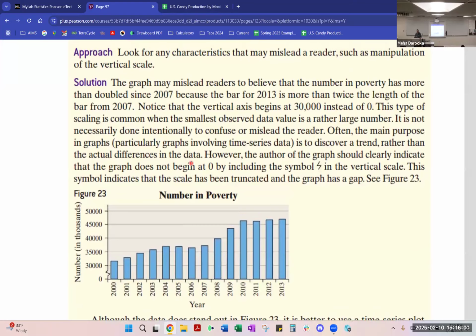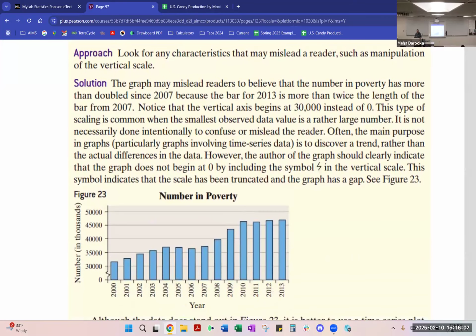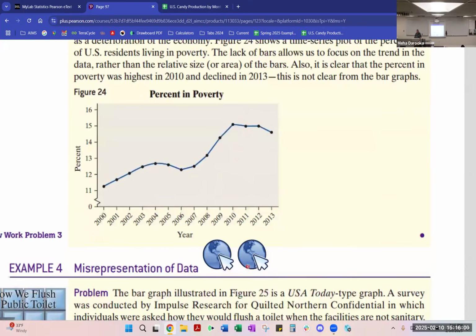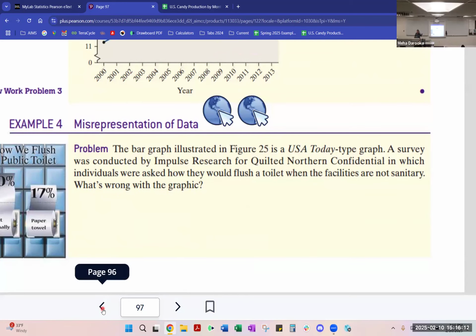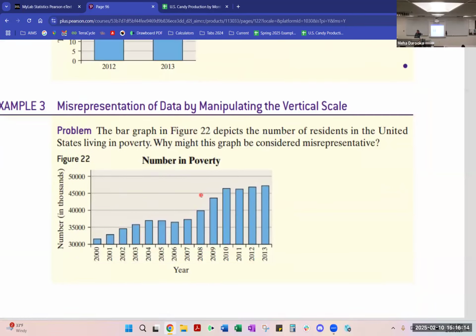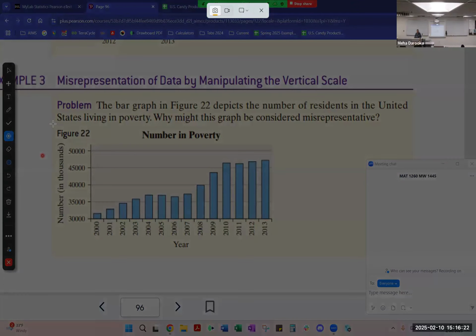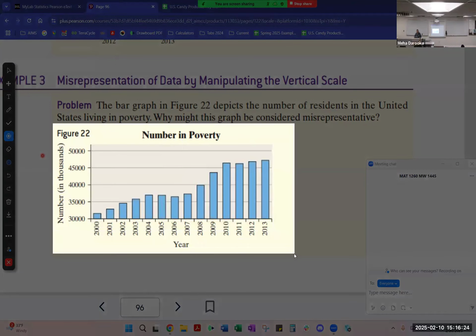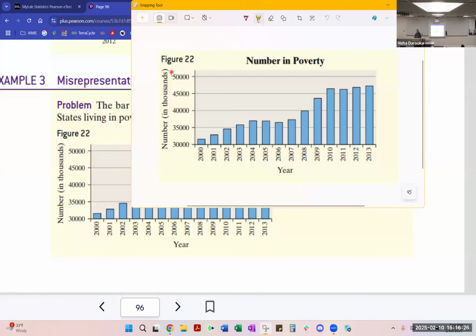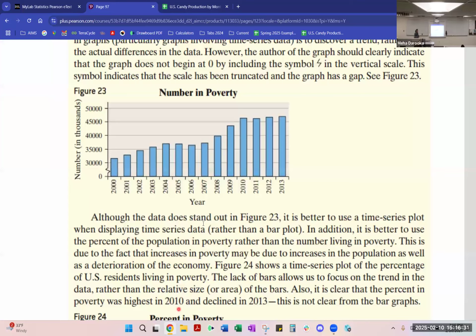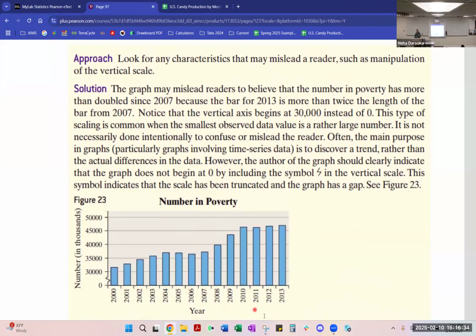So then look at this corrected graph over here. So here is what the corrected graph looks like.